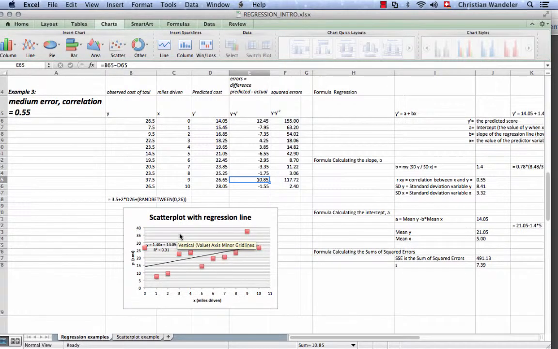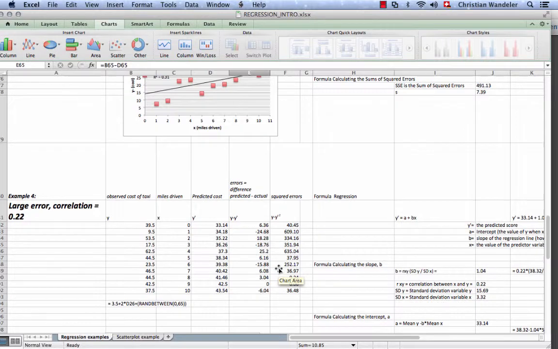We get a much lower explained variation, right? So because the relationship between miles driven and the cost of the taxi ride is not as tight, the correlation is lower, it's a less well-suited predictor for predicting the cost, right? Now, here somehow other factors influence the cost of the taxi drive rather than the miles driven.